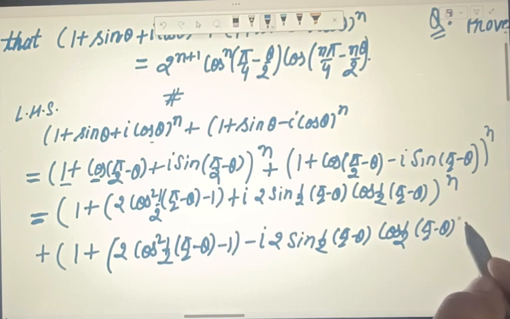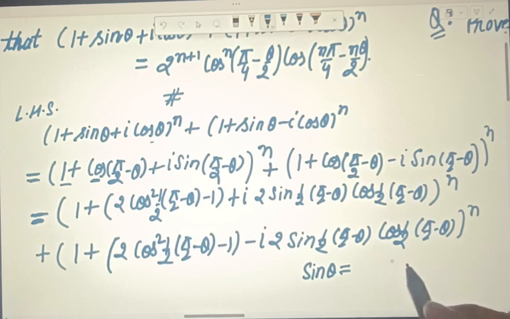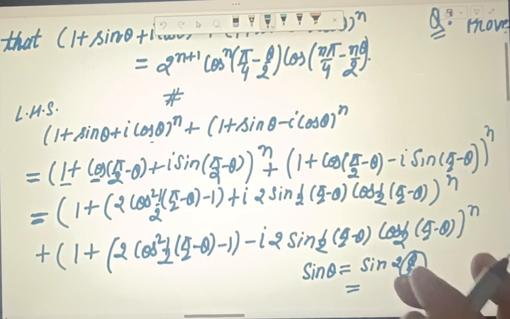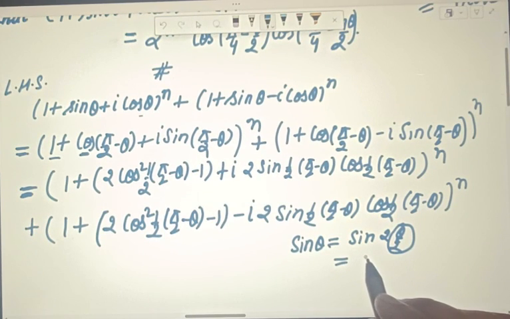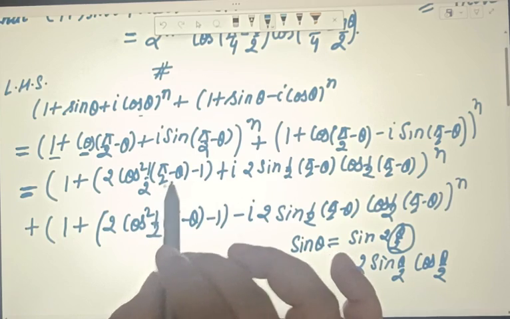We have applied simple steps here. If I need to apply the formula for sin θ, I can write sin 2θ, which is 2 sin(θ/2) cos(θ/2), where the value of θ is here π/2 − θ.